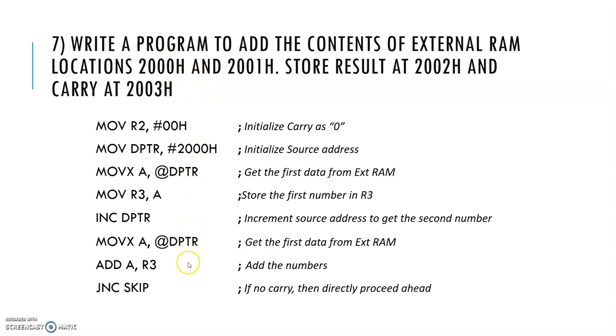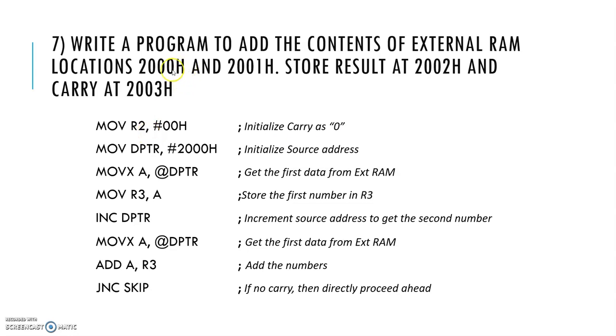You get the add result in the A register, and we check for the carry. If there is a carry, we increment the register R2, and if there is no carry, we go to the next step, that is increment DPTR. We need to store the result, that is the sum, in 2002 hex and the carry in 2003 hex.